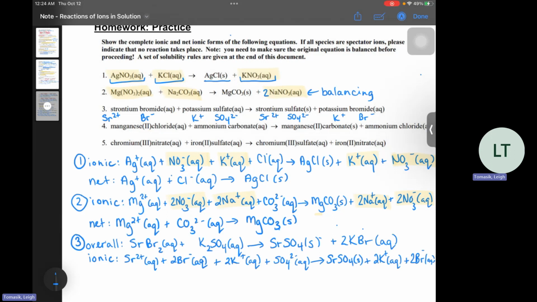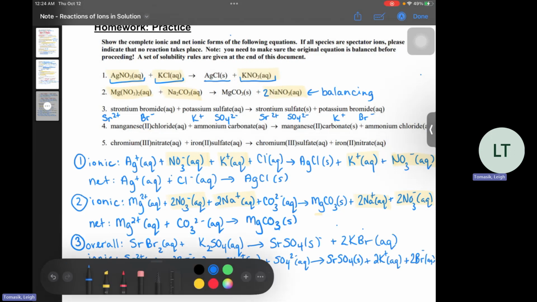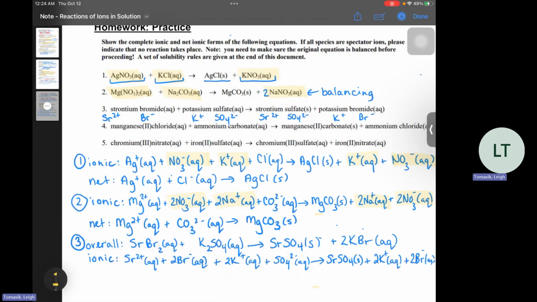Whew. Okay, and then we're going to identify the spectator ions, the ones that don't become the precipitate.